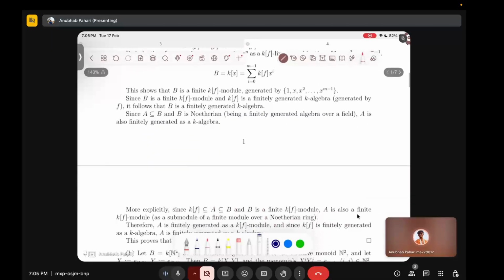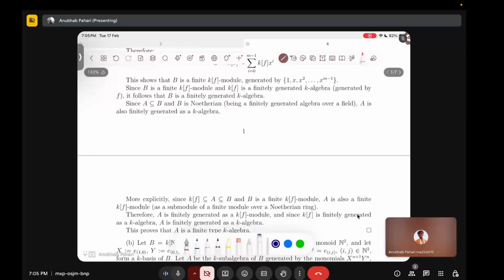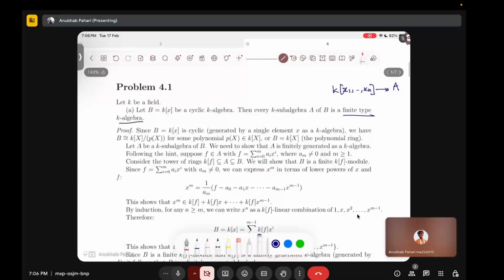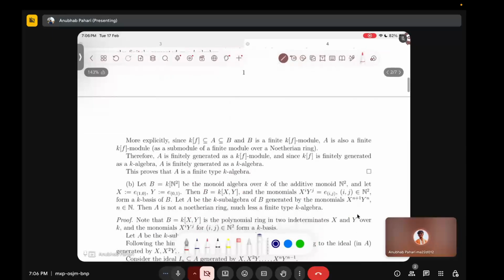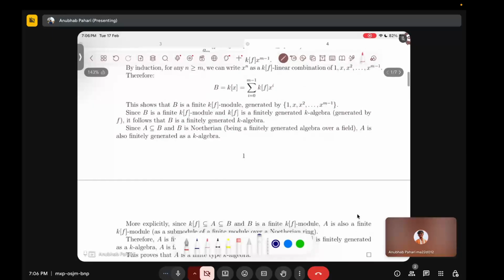Now, since A is a subset of B and B is Noetherian, that means it is a finitely generated algebra over a field, and you know that the image of a Noetherian module is Noetherian, and since this is Noetherian and this is surjective, A is the image of this map, and therefore that is also Noetherian. Okay, so A is also finitely generated as a K-algebra.